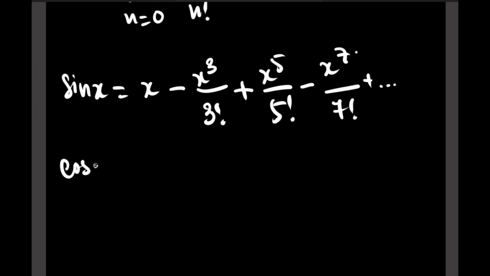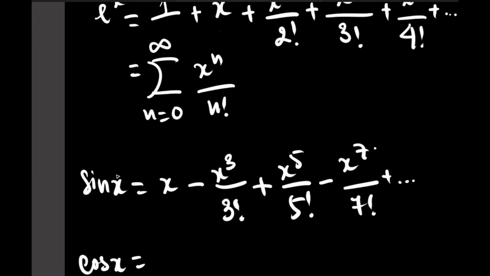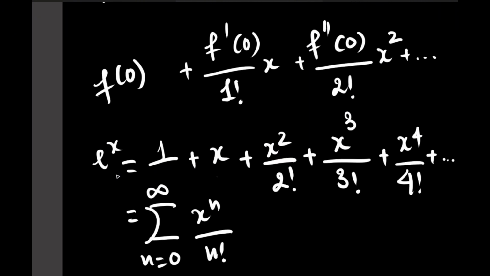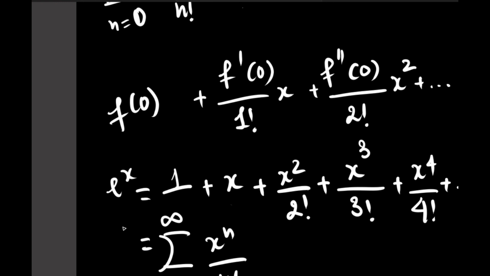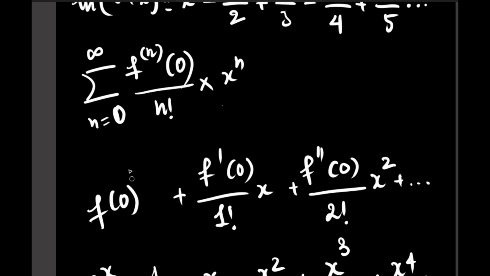Okay, next for cosine x. We're going to do exactly the same as we did here. First, cosine 0 is 1, so we're going to start with 1. Then the derivative of cosine is minus sine, and minus sine 0 is 0, so we skip this one.